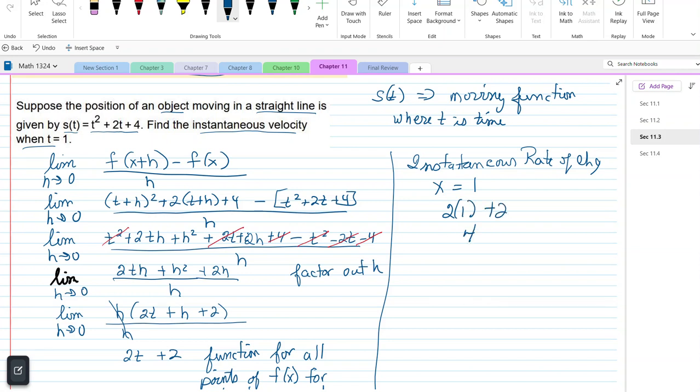So we get 4 as the instantaneous rate of change, or velocity, at x equals 1. And it's velocity.